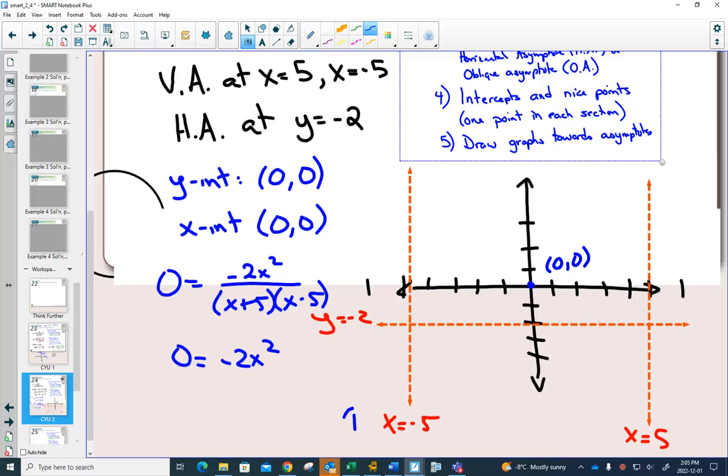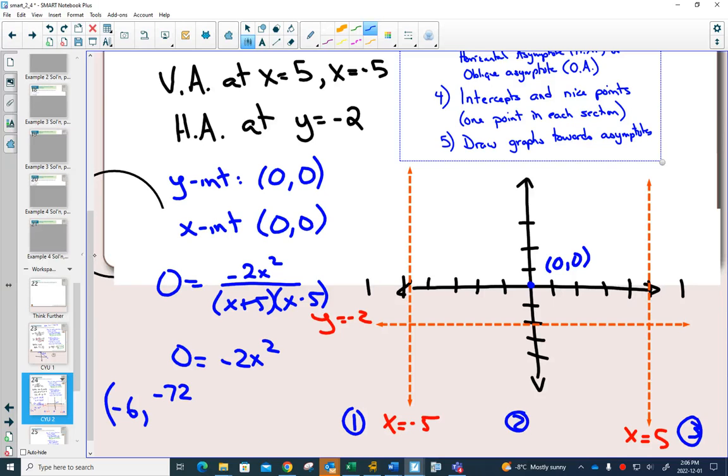Our vertical asymptotes separated our graph into 3 sections. And we have to determine how the graph is going to look in each of those 3 sections. So first of all, in section 1, I don't have any points. So I'm going to plug in negative 6. Can you see that if you plug in negative 6, the top x squared will be 36 times negative 2, negative 72.